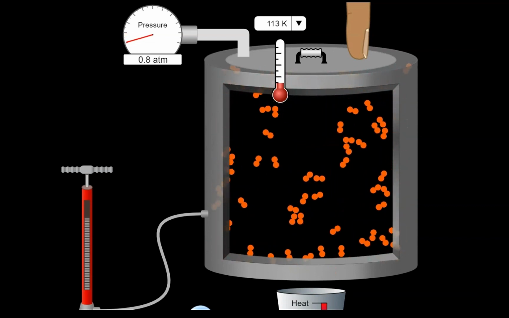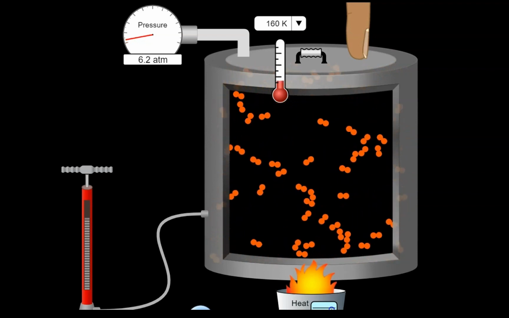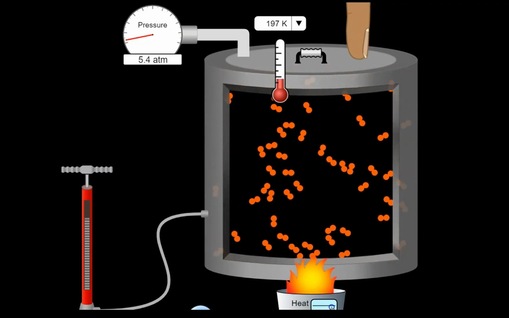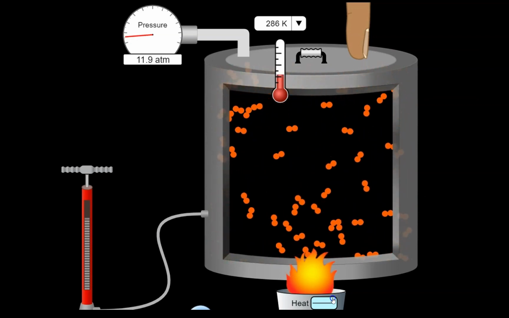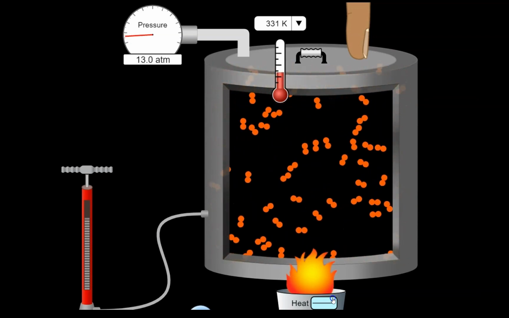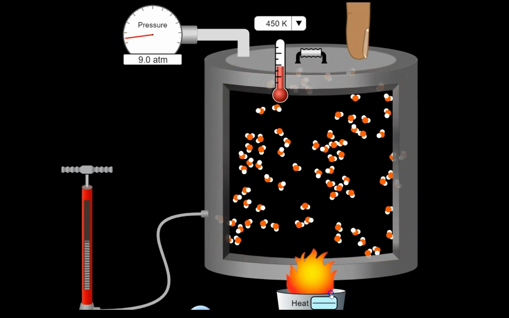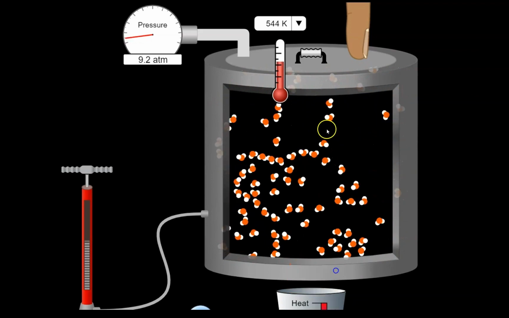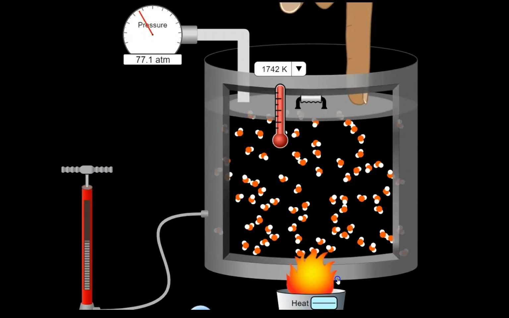Now in the gaseous state, they collide with the walls of the container. And you see, as temperature is increasing, the pressure gauge is also increasing because the number of collisions with the walls increases. Just look at the way the particles collide faster with the walls when temperature increases. You see, they're moving very fast, so pressure increases.